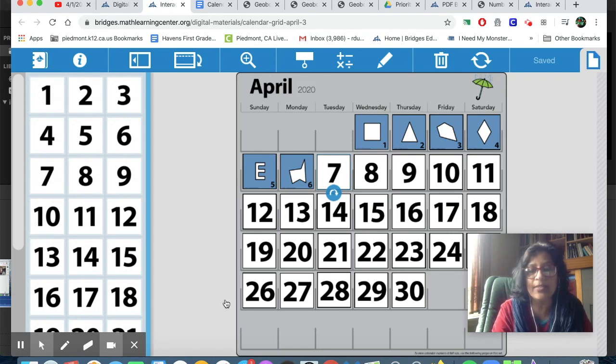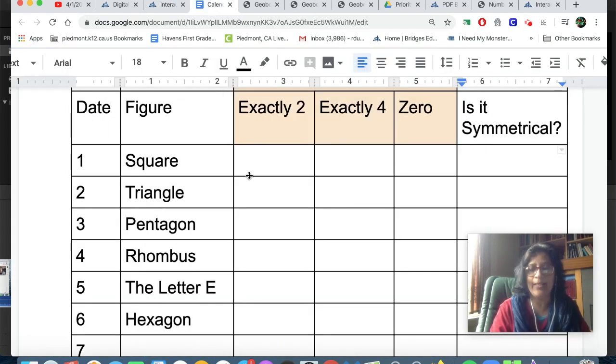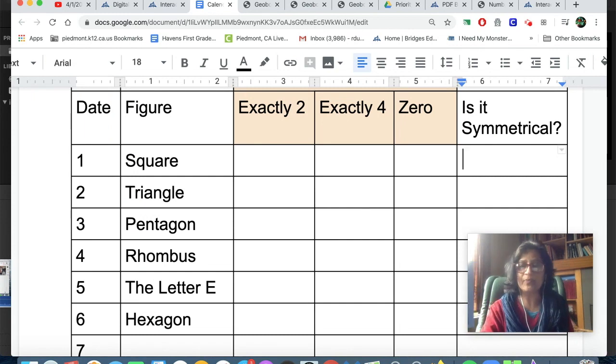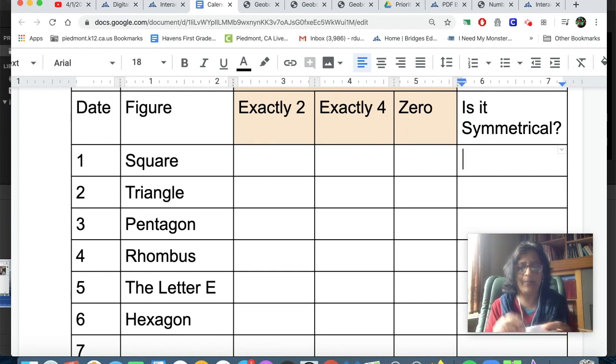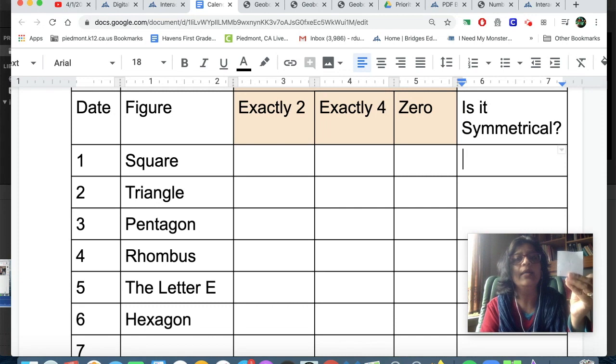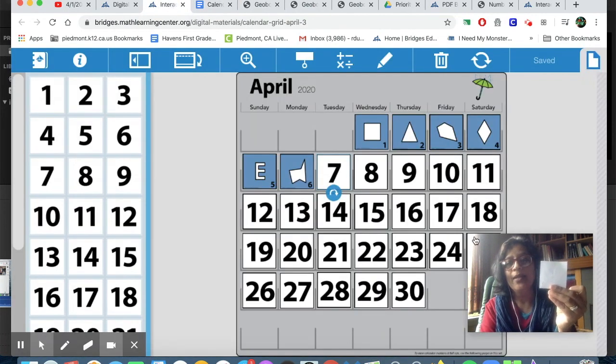So let's pause here, and I'm going to see if we start with our square, this shape, and if I take a piece of paper that is exactly the shape that is being shown. Okay, that's the marker for number 1.